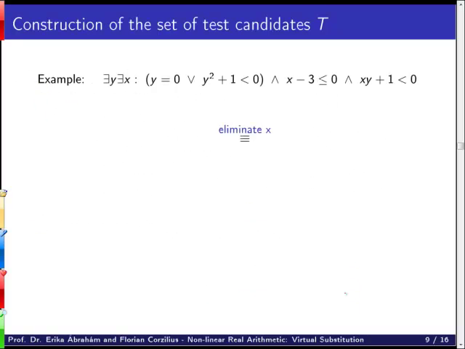Okay, so the method, if we take here now an existentially quantified formula, you see it has even a Boolean structure inside, so there's an OR and two ANDs. And we want to solve such a formula.